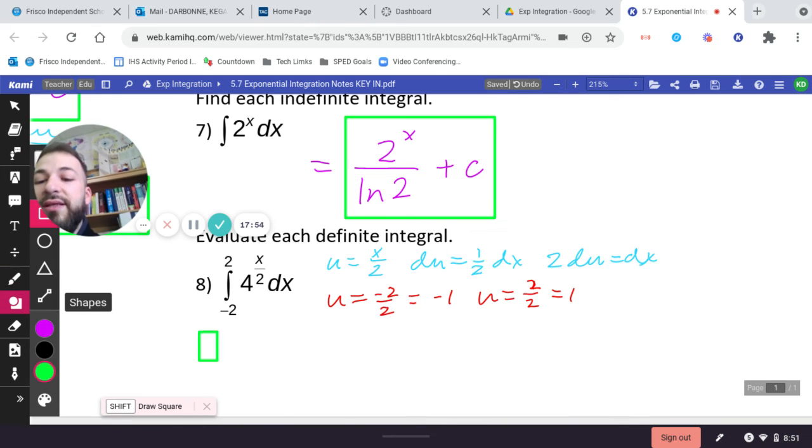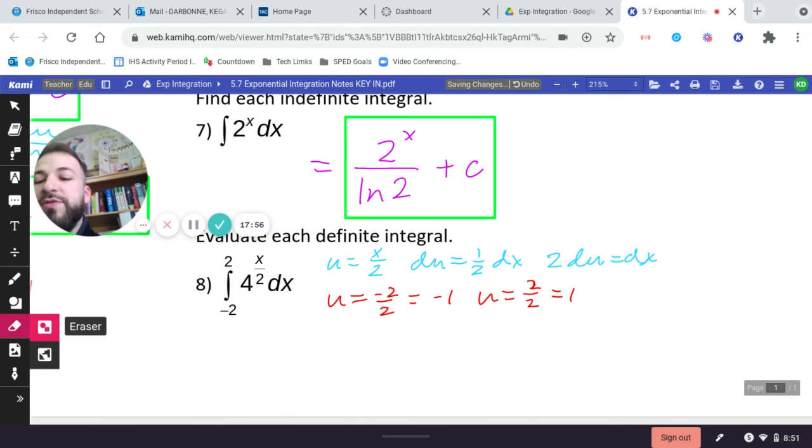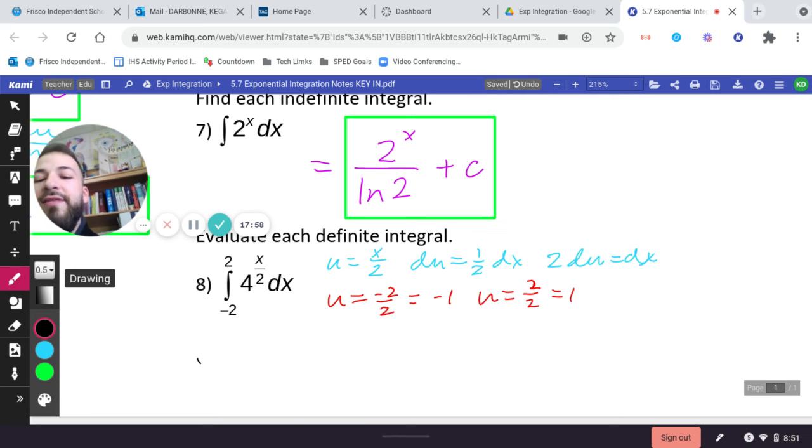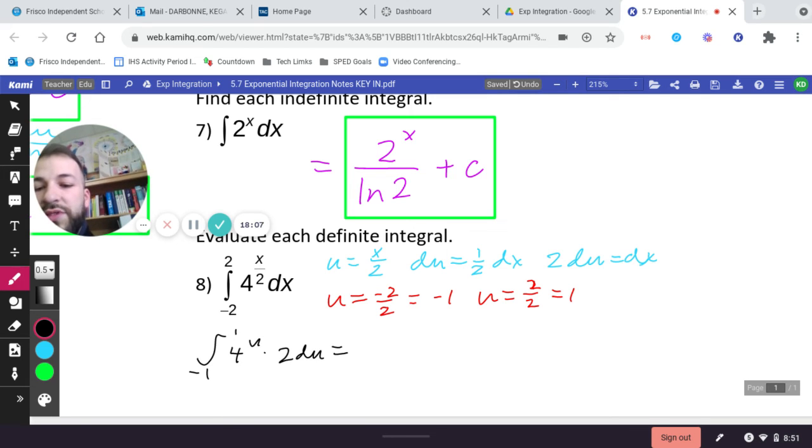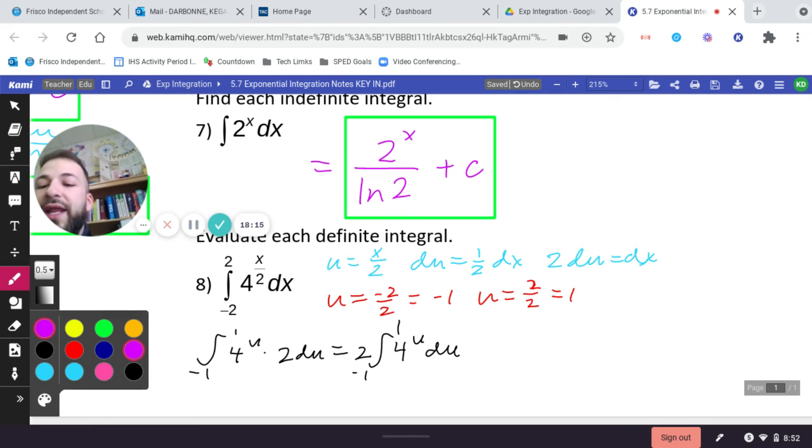So that gives us the integral from negative 1 to 1 of 4 to the u times 2 du. So just 2 times the integral from negative 1 to 1 of 4 to the u du. So now we can go ahead and integrate. The integral of 4 to the u is 4 to the u divided by natural log of 4.